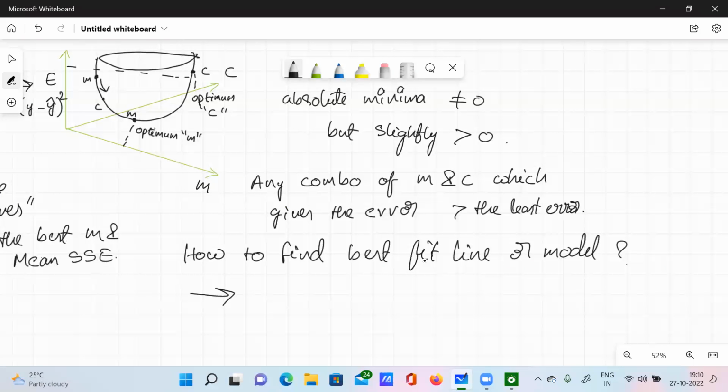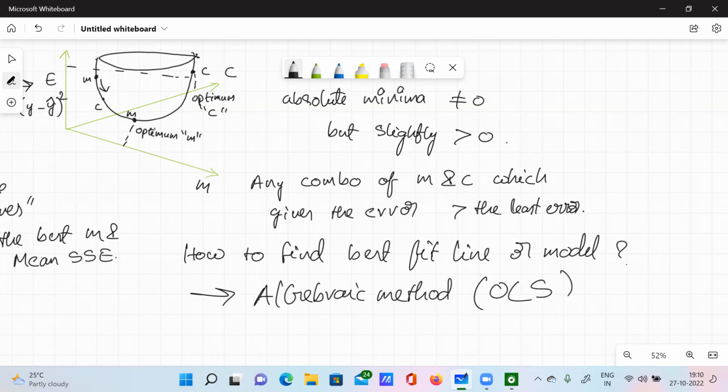So there are two approaches. The first one is the algebraic method, right? Algebraically you can find the best fit line. This is also known as OLS, that is the ordinary least squares method, right? And another one is nothing but gradient descent, which I have already explained.